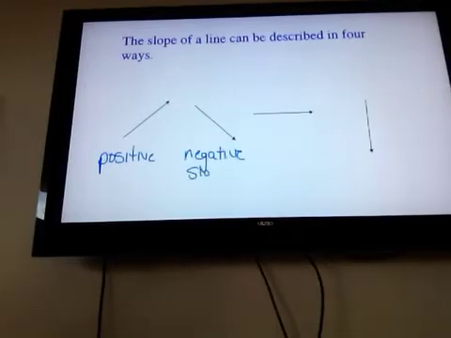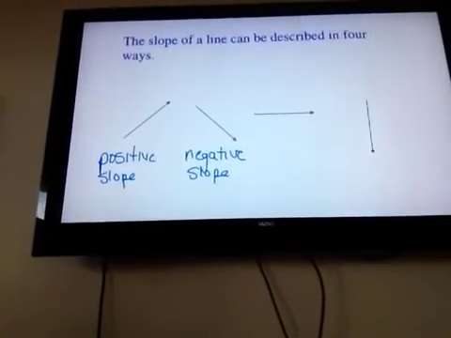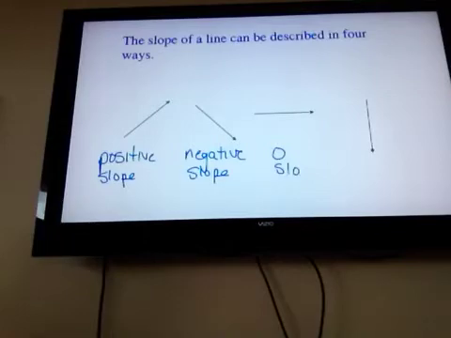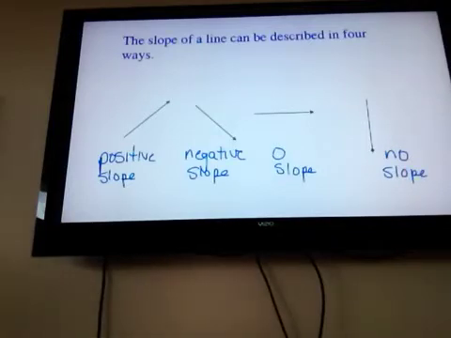I should probably add the word slope to those. A line that's horizontal has a 0 slope. And the line that goes up and down is a no slope. So a no slope and a 0 slope are 2 different things. They are often mixed up.